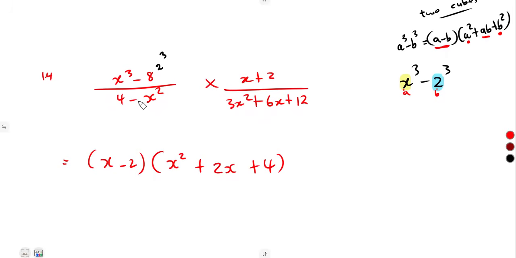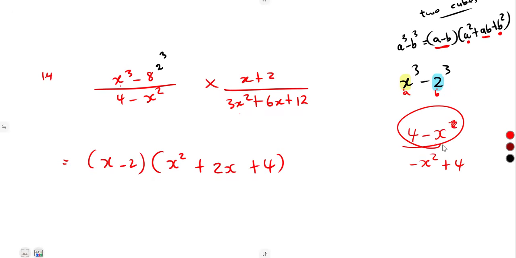But as you can see, in the presentation, all these terms start with x, x, x, but this one starts with a constant. So let us rewrite starting with x, x, x. It is going to be minus x squared plus 4.